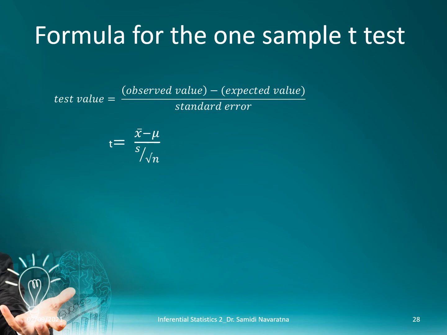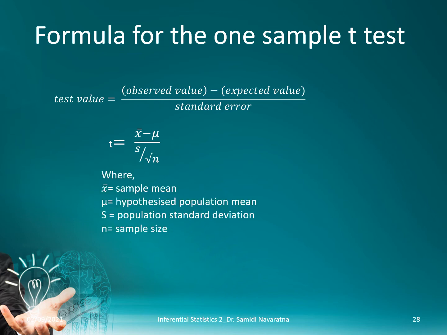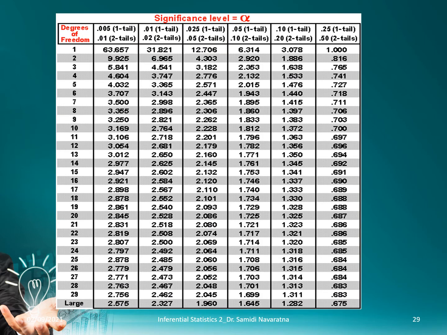It's the sample statistic minus the expected population mean, divided by the standard error. This is the t-table, and you can find the table values using the degrees of freedom and the given significance level.